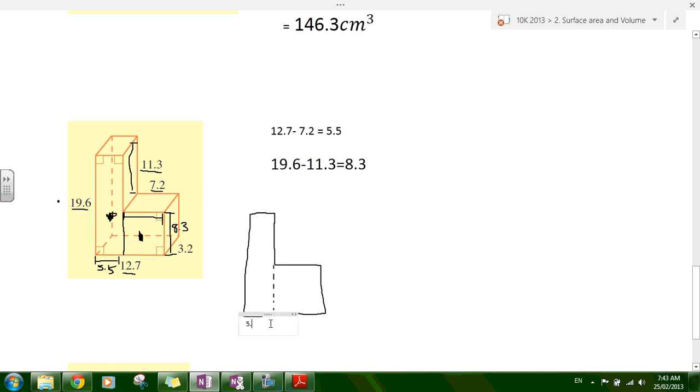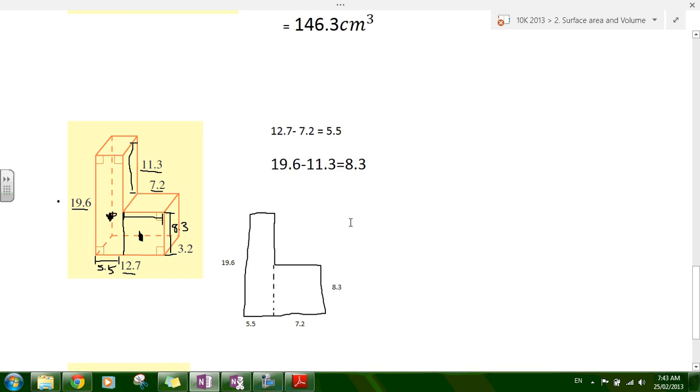So that's 5.5 here. Over here, we've got 7.2, because 5.5 plus 7.2 is 12.7. The height here we found out was 8.3. And then we need this dimension, which is 19.6. And there we have it. We've got the two dimensions of the rectangle, 5.5 and 19.6, and then the dimensions of this square, which are 7.2 and 8.3.